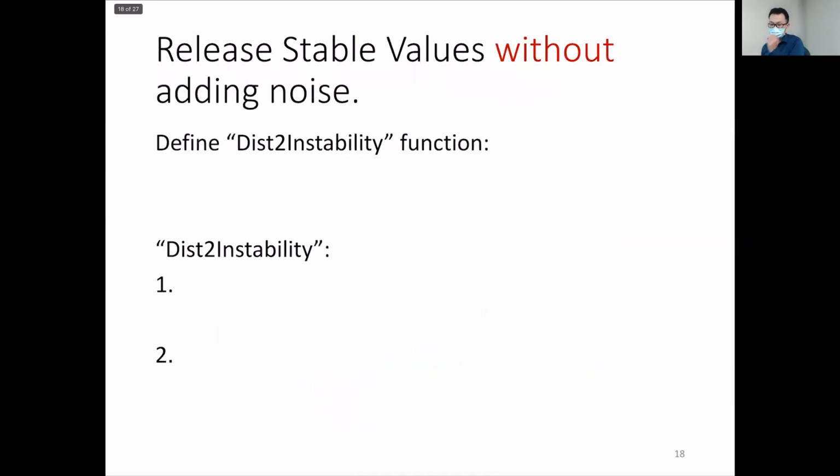So this is a very cute idea called leveraging the stability of the query. This is about releasing stable values, with the value being completely arbitrary. It doesn't have to be numerical values. It can really sit in an arbitrary space.